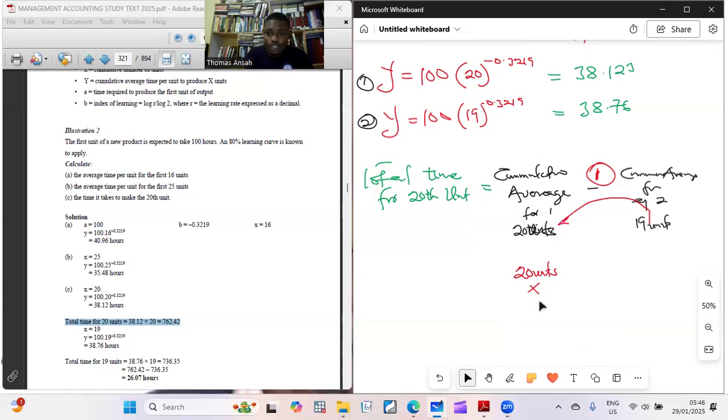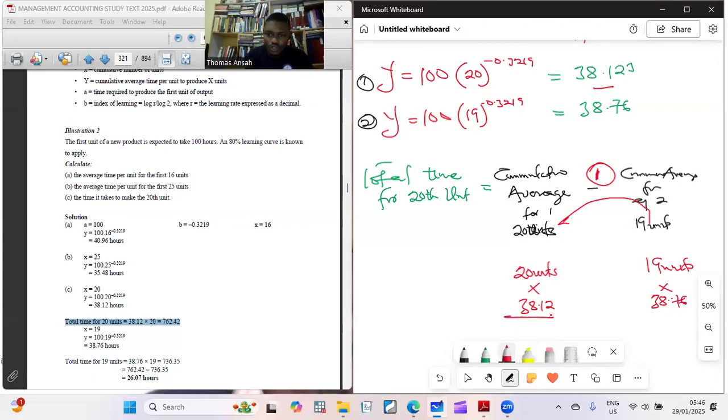multiplying the time that you spent. What was the time that we had? This one, 38.12, and so this one to be 19 units, multiplying 38.76.